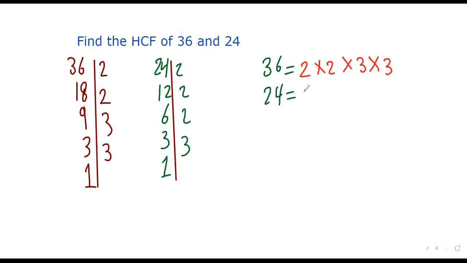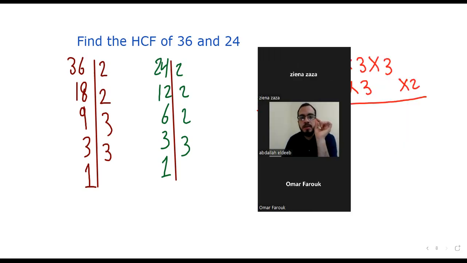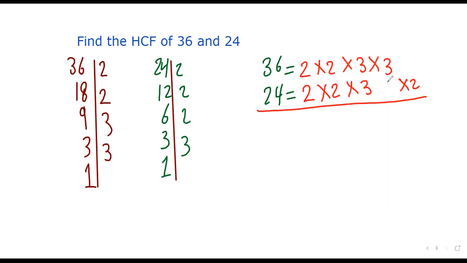And 24 is 2 multiply 2 multiply 3 multiply 2. And please pay attention here, because if you notice here, I don't write any number down for 3 here because I don't have more 3's here. So you leave it. And here also you don't write anything. Okay?